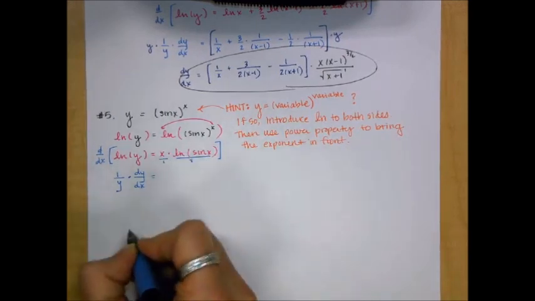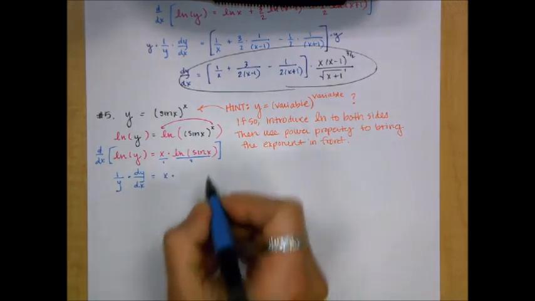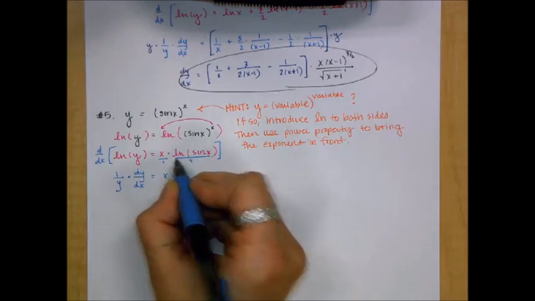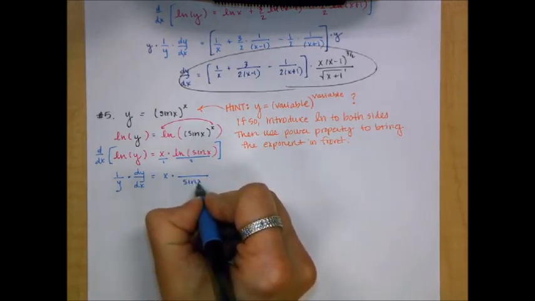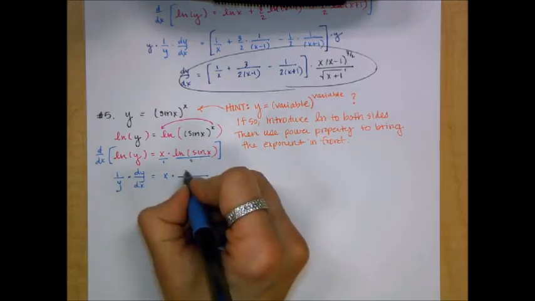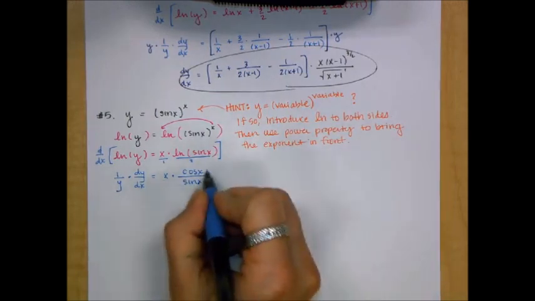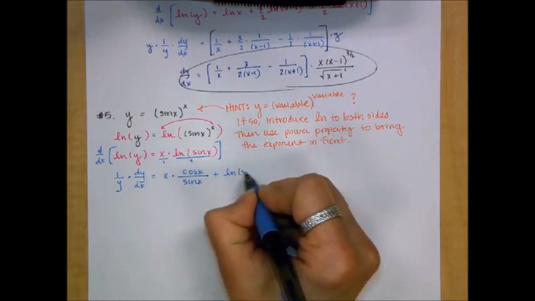So the derivative of our natural log is 1 over what's inside times the derivative of what's inside. So the derivative of sine is cosine. Okay, so that's the first plus the second times the derivative of the first term. So derivative of x would just be 1, and we don't need to write that.